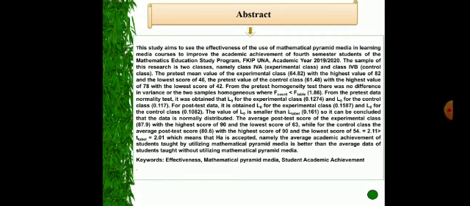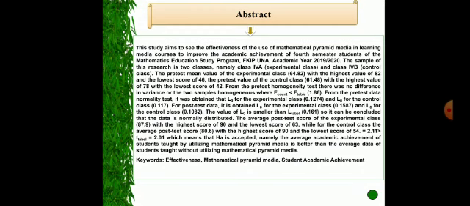The average post-test score of the experimental class is 87.9 with the highest score of 90 and the lowest score of 63, while for the control class the average post-test score is 80.6 with the highest score of 90 and the lowest score of 54.